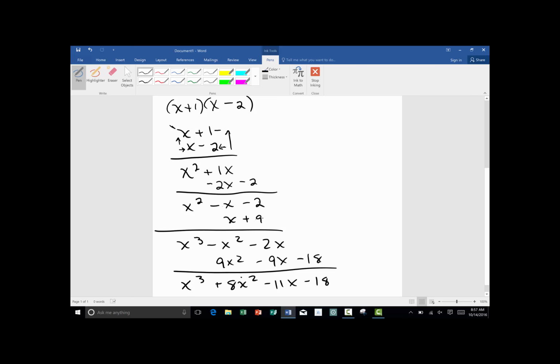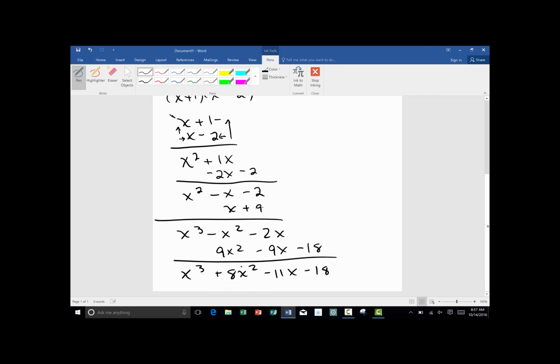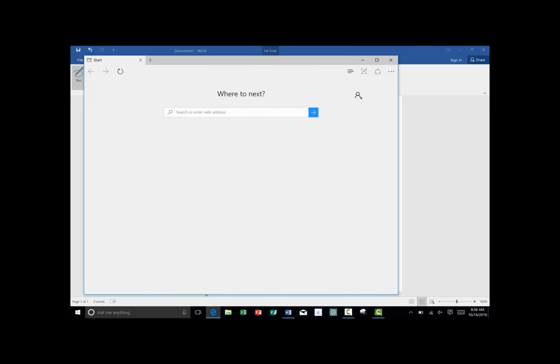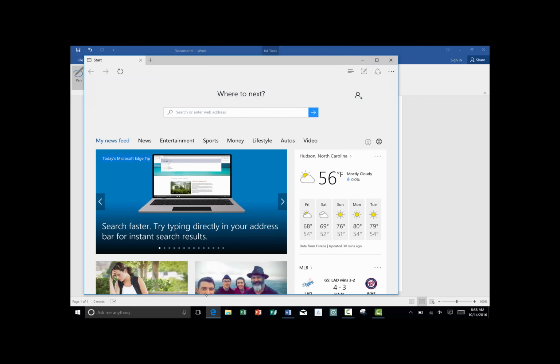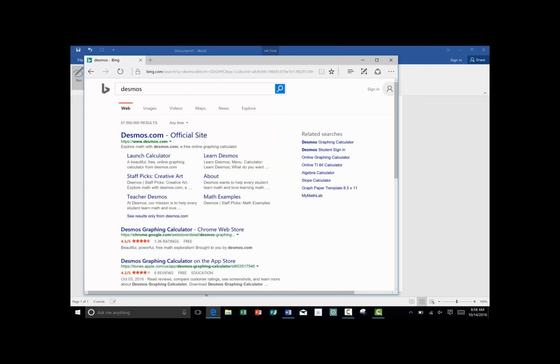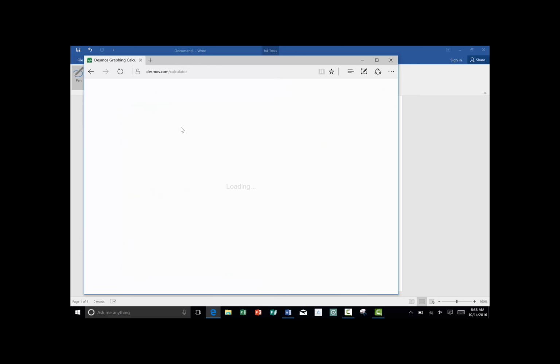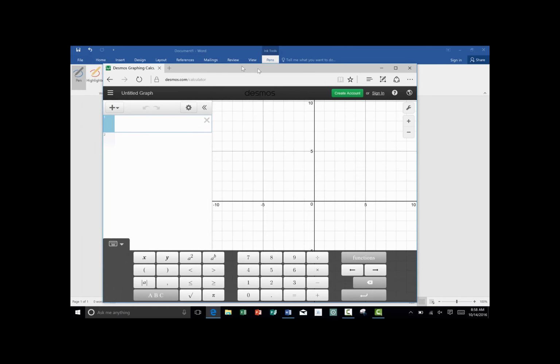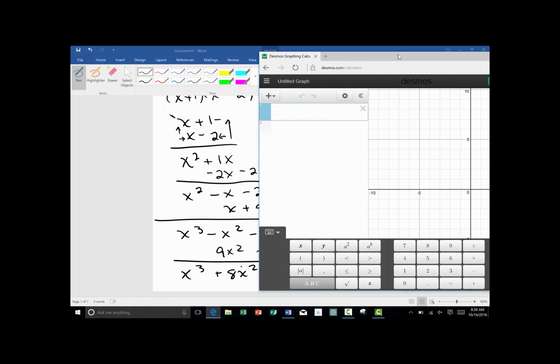And the way you can check it is, let me open up a browser, and what you want to do is go to Desmos. So I'm going to go here to Desmos, and I'm going to graph the one that I got.